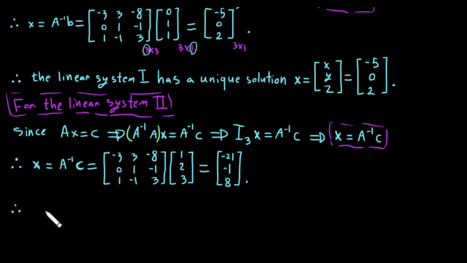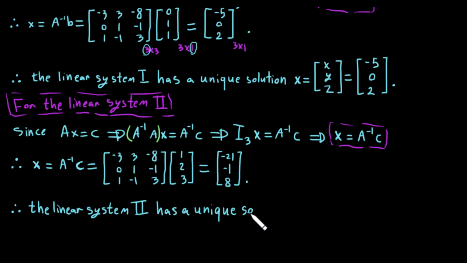Therefore, I write it the same way as we did here: the linear system 2 has a unique solution, which is X in bold, the vector X, Y, and Z, equal to -21, -1, 8.